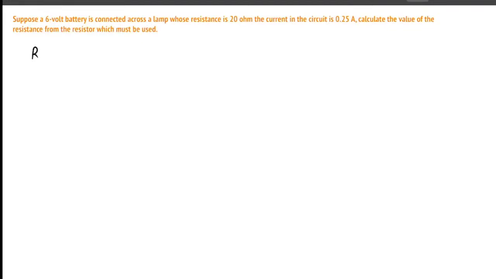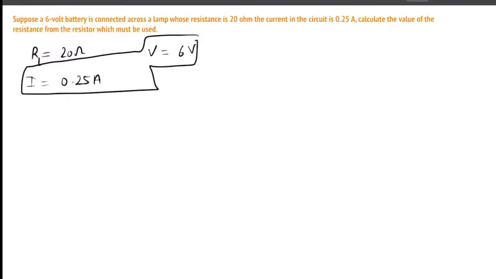So the value of R lamp is given to us as 20 ohms, and the value of current is given to us as 0.25 amperes. And we already know one more value, we know the value of V as well. So V is given to us as 6 volts. So by these two values, can we find the value of net resistance?